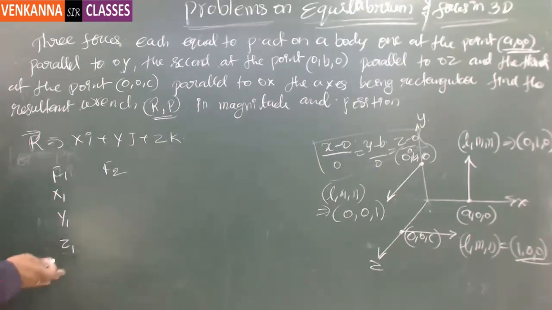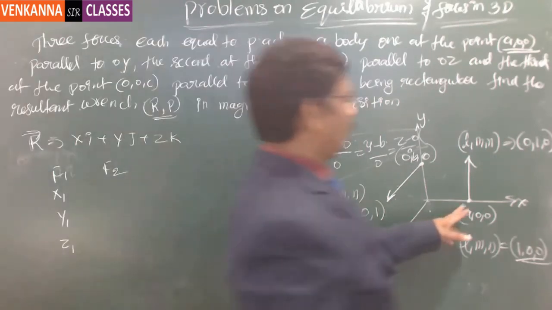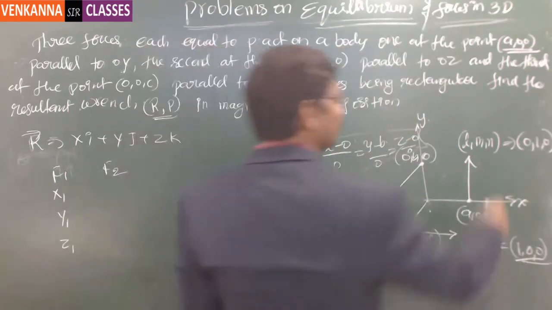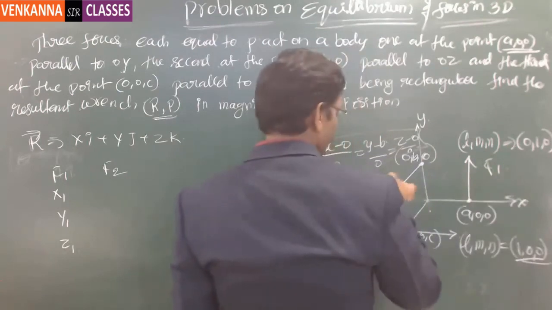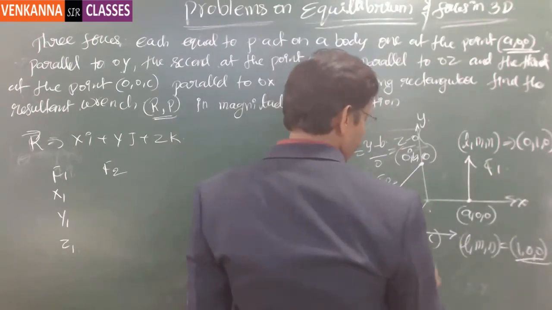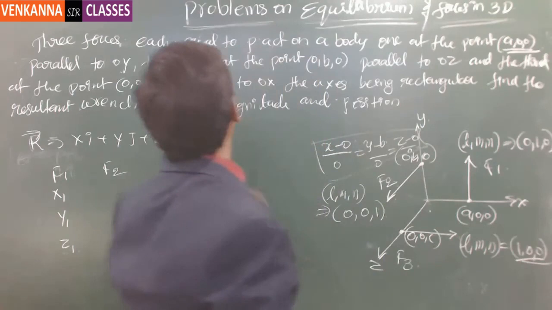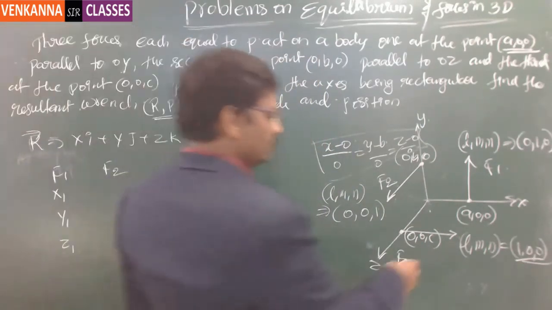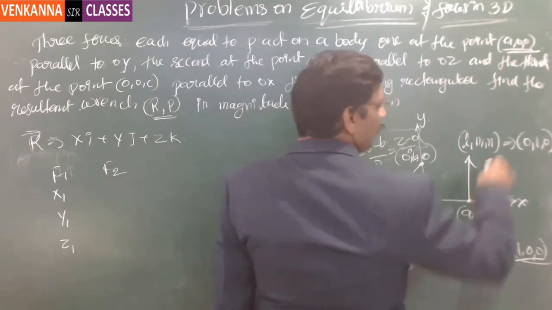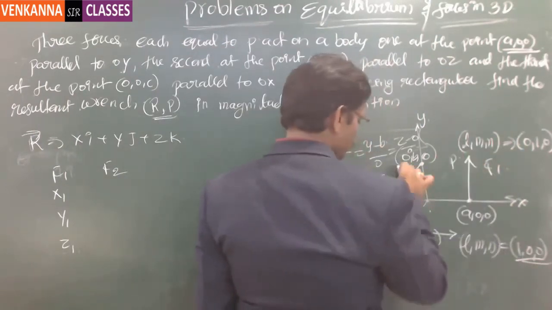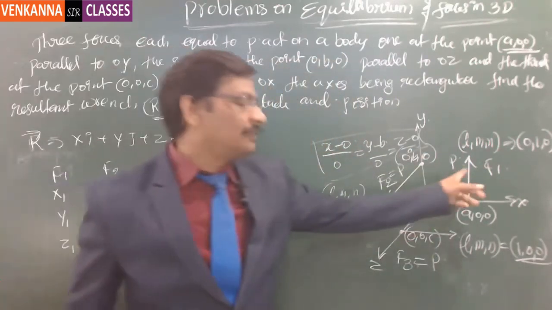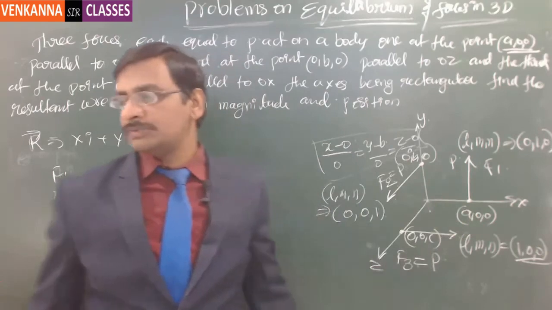Suppose I call these F1, F2 and F3, of equal magnitude. So the force magnitude is the same, three forces each equal to P.